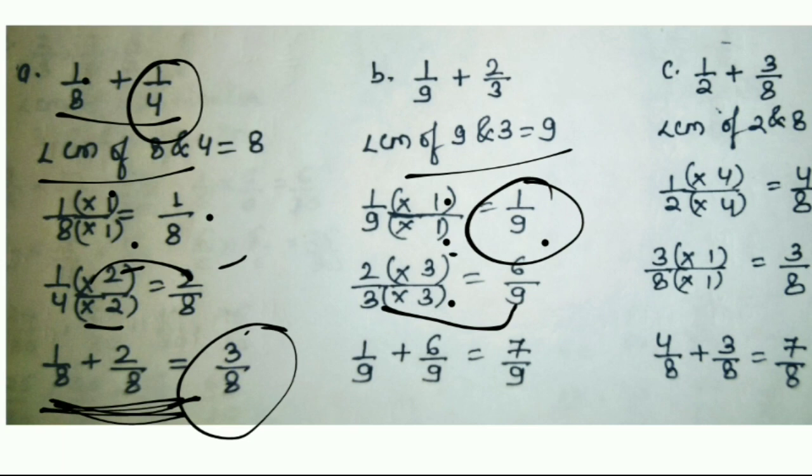So multiply both sides by 3. So 2 threes are 6. So after this, 1 by 9 remains the same. This 2 by 3 we will write as 6 by 9. Now we have the same denominator. So 1 plus 6 is 7 by 9. Clear?